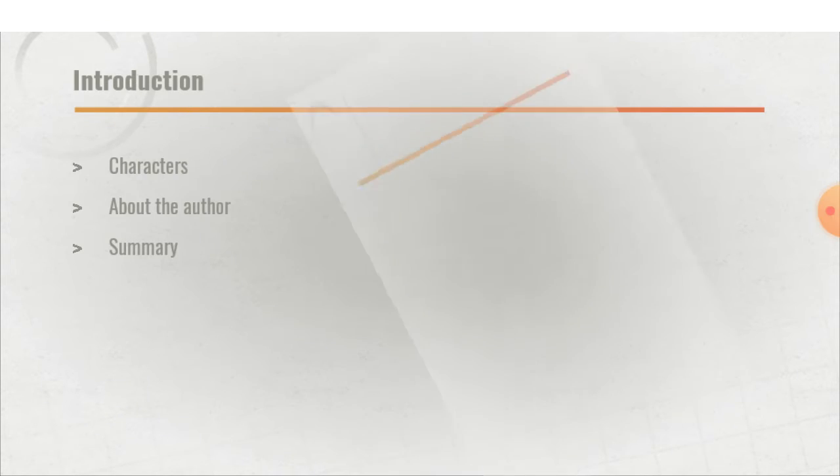Characters. Before that, first we need to know the characters. So what are the characters present in this chapter? There are numerous characters present in this whole chapter, or you could say the whole story.